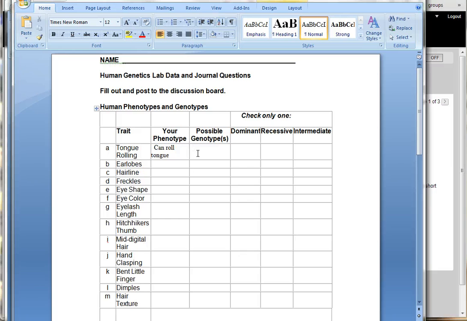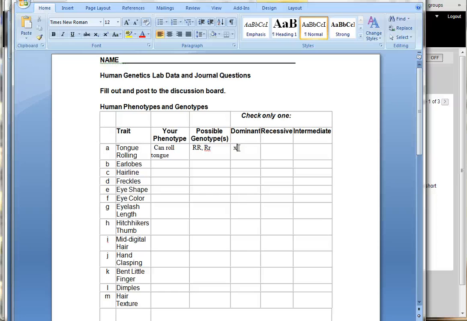And since I can roll my tongue and I look at my sheet and I see that tongue rolling is dominant, even though there are some questions about it, you'll see in the questions at the end, my genotype, what I get from my mom and dad, one from each, can either be this or this. So I got 2 possibilities there. And so fill it out for whatever your traits are.